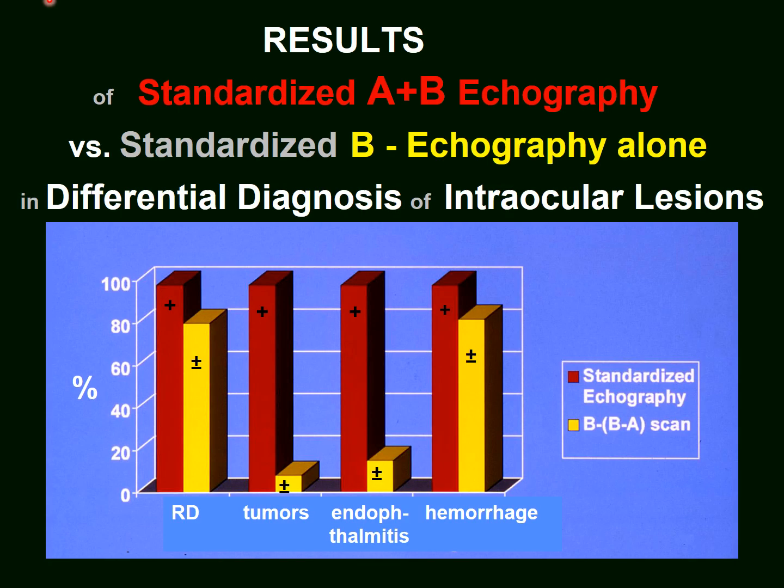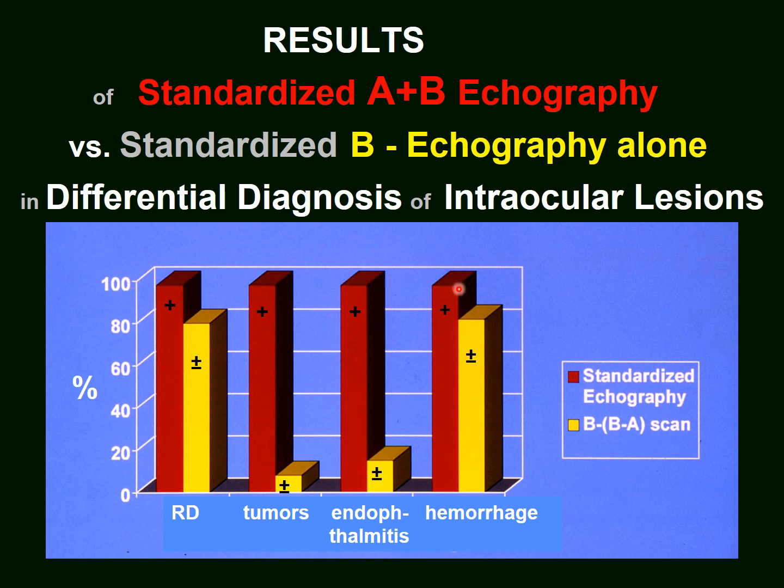And here a graphic example of results from the 70s to 90s in the eye department in Iowa City at the University of Iowa. We see here in red standardized echography, hard diagnosis, 1+.